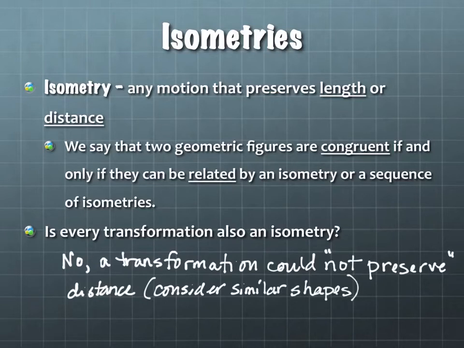The lengths are not the same. The basic shape of something is, but its actual size is different. So those are the kinds of transformations that we're going to see that would not be isometries.